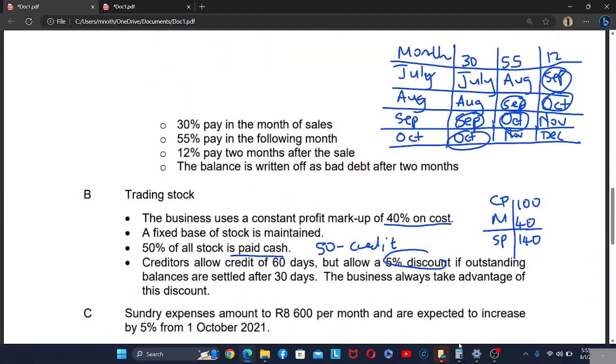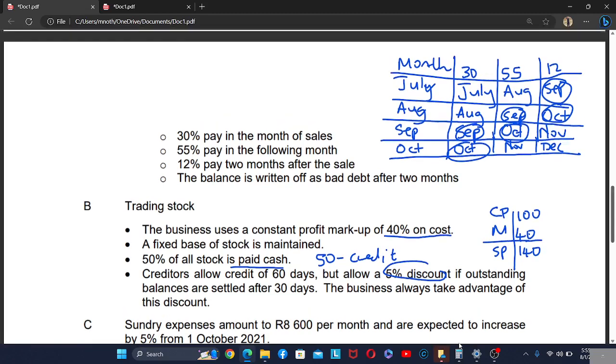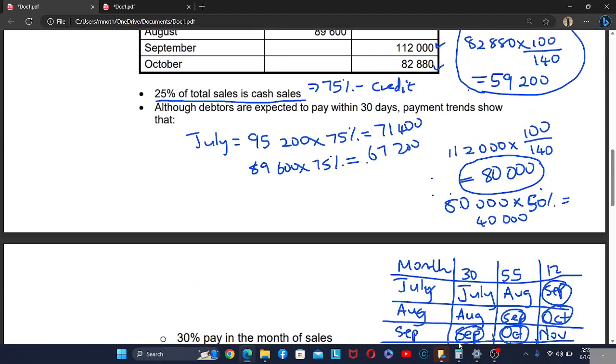So when the business buys the trading stock, 50% is for cash and then 50% is for credit. So this means that from this 59,200, we are going to have the cash purchases of 50%.